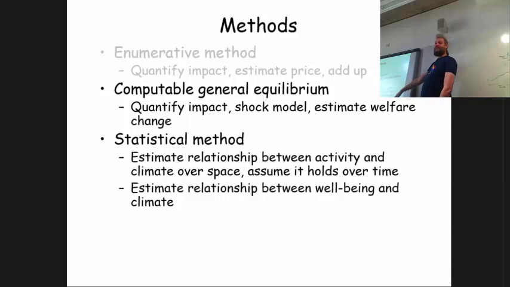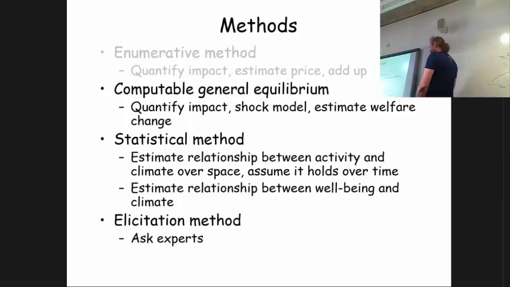The truth is probably somewhere in between, and then it becomes analytically very, very hard to deal with this. The statistical method looks at adaptation as is, right? We don't make assumptions about how farmers would respond to climate, but we actually look at how farmers did respond to climate, right? And then there's one study, and there's another one, should be forthcoming, where they just asked experts, what do you think the impact of climate change would be? I write here, experts.